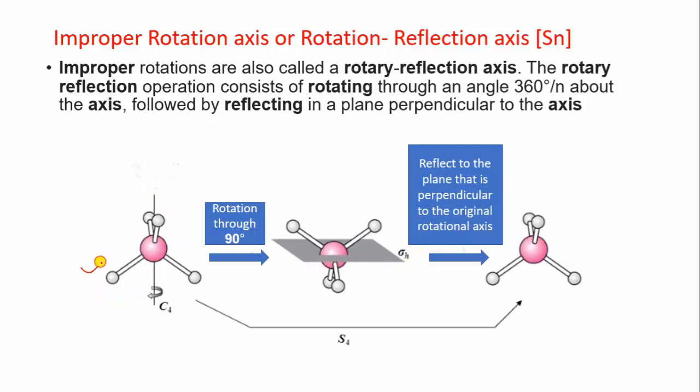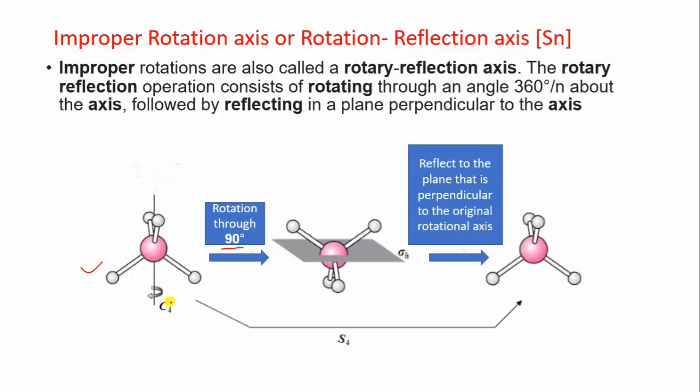Taking this example, this compound is rotated by 90 degrees. This group is rotated to here. And the next step is we make a plane perpendicular to the axis.